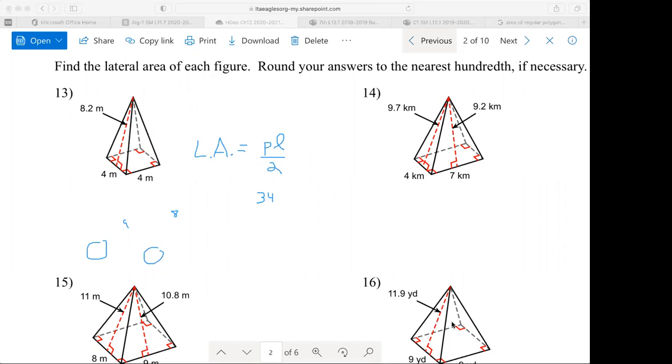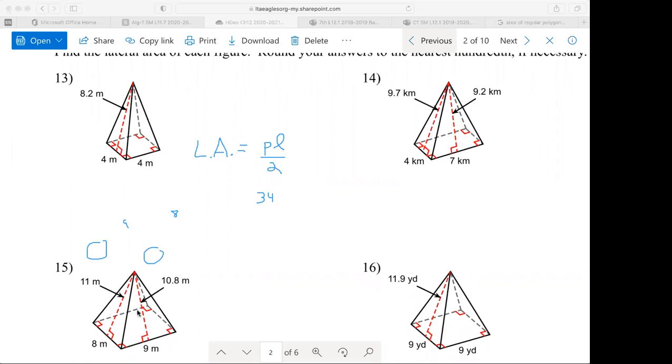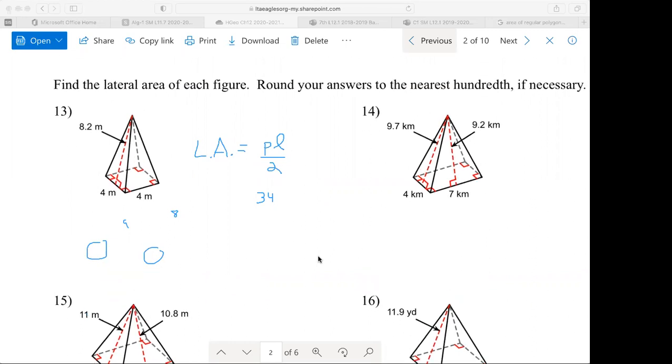So 13, we'll just make it a regular pyramid, where the bottom is a regular polygon. So notice that the reason why the measurements are different is because it's not a square, it's a rectangle on the bottom. And our formula for lateral area is for a regular polygon.